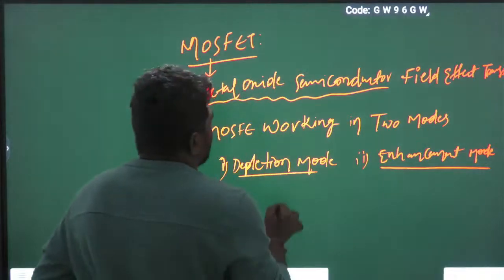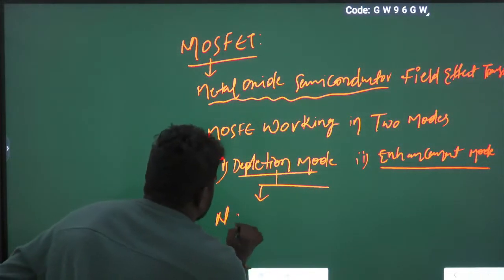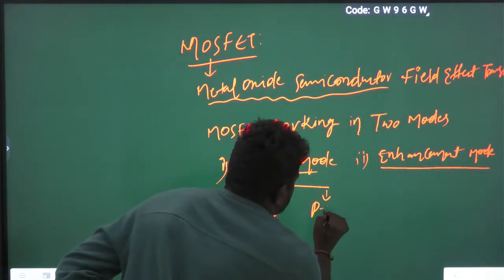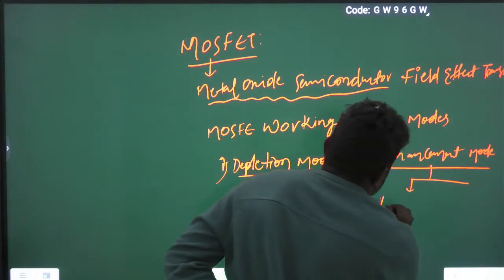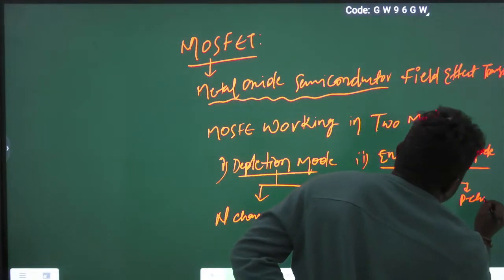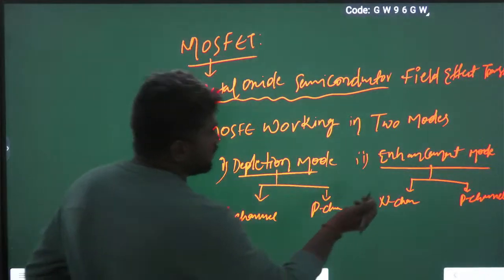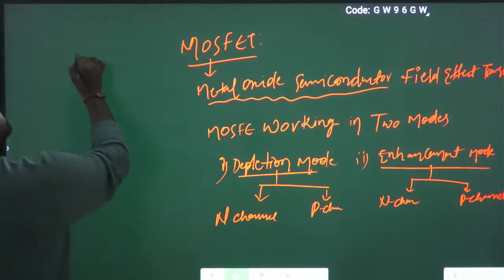First of all, depletion mode has two types: one is N channel, the other one is P channel. Enhancement mode also has N channel and P channel.